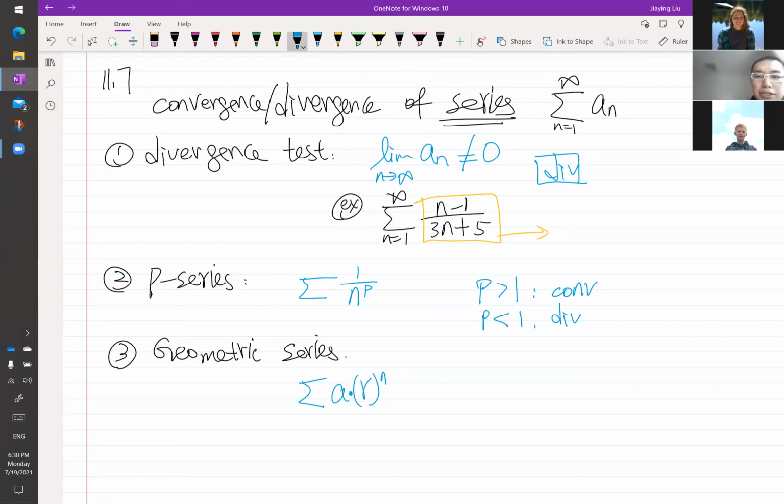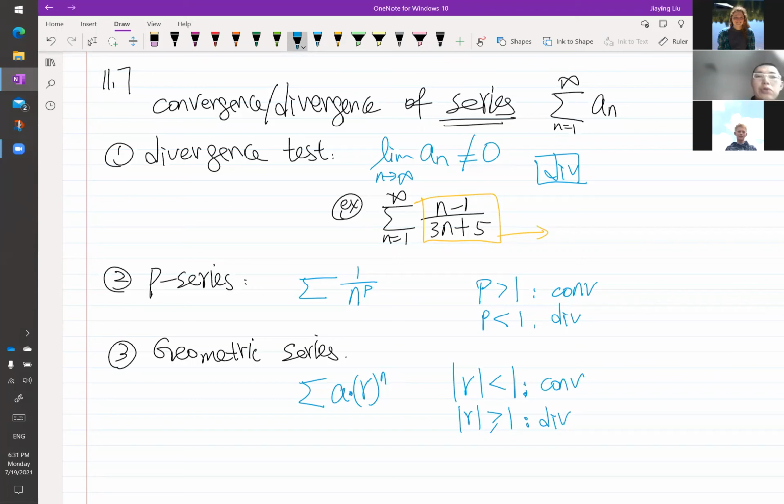If you have something like this, then it depends on the r value. If the absolute value of r is less than 1, that will be convergent. If the absolute value of r is greater than or equal to 1, that will be divergent.